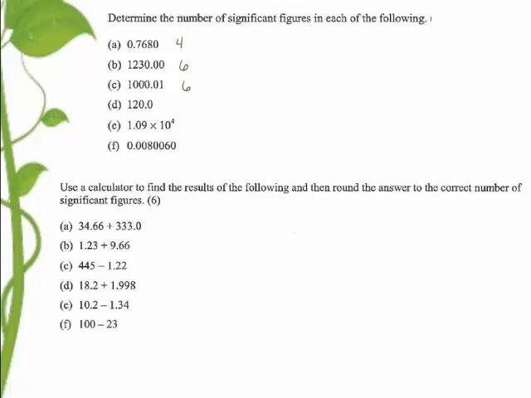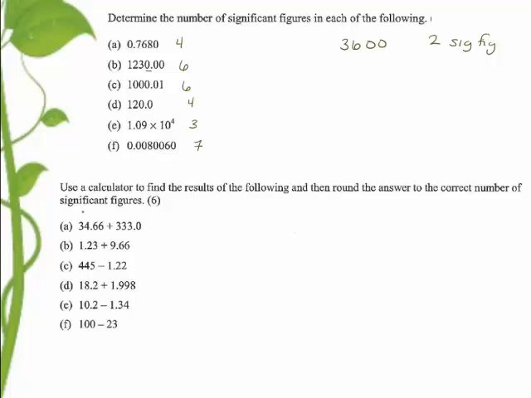Now these zeros here and here are counting because they're before a decimal point. 1, 2, 3, 4. 1, 2, 3. 1, 2, 3, 4, 5, 6, 7. If I had a number like this, I would have 2 significant figures.